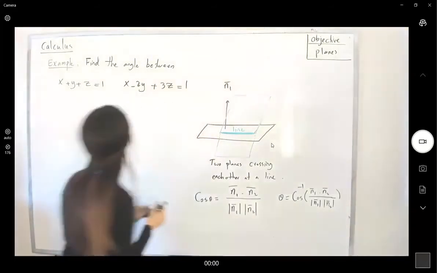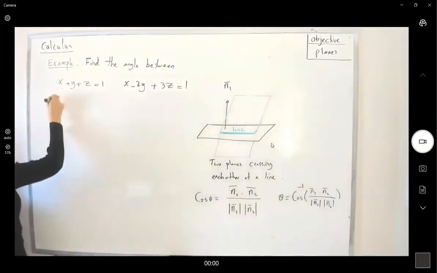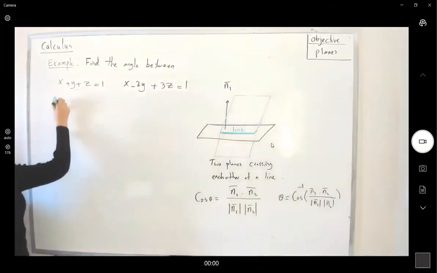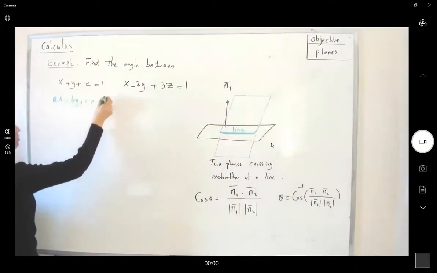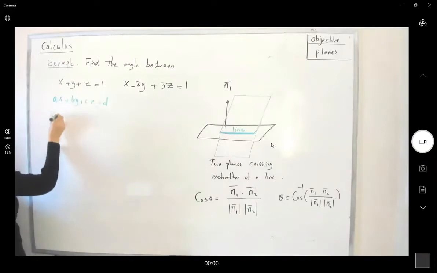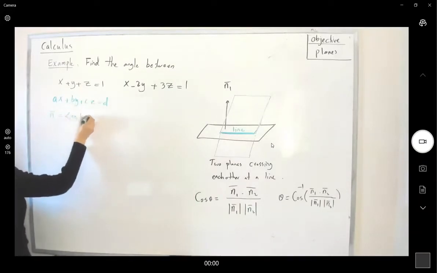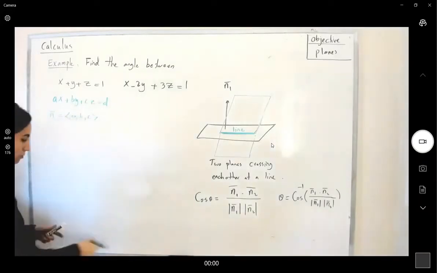Recall that a plane with normal vector is written ax plus by plus cz equals d. The normal vector has components a, b, and c.